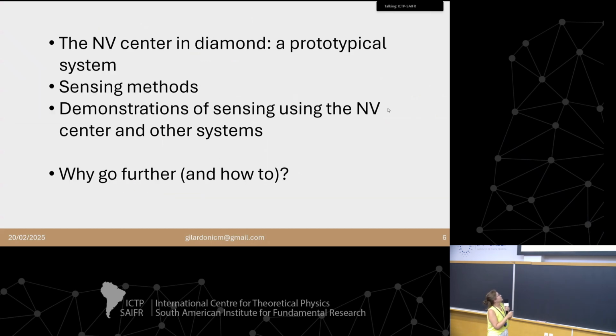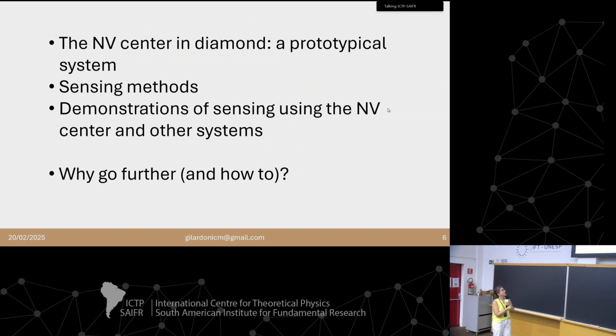So the rest of my talk will be organized like this. I'll tell you a little bit about the NV center in diamond. That's kind of the prototypical system. It's the one that has been most widely studied, and it's mostly applied today. And it offers really immense possibilities.